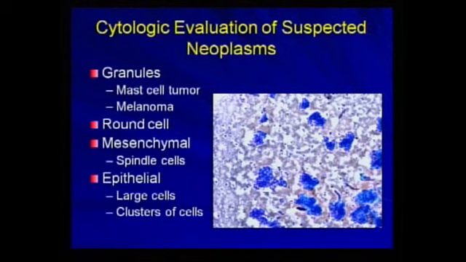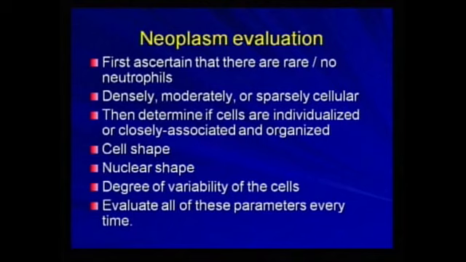And realize that you often do not get to the absolute particular type of tumor when you're dealing with mesenchymal and epithelial neoplasms. Round cell tumors, as we'll see, can be a little more characteristic. And then there's another division. Generally, I consider them round cell tumors, but tumors that have granules. Those would be your mast cell tumors and your melanomas.